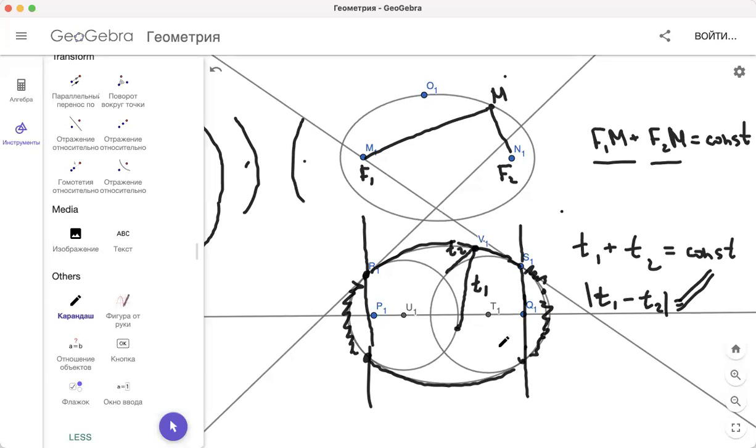And here you have both situations, sum and modulus of difference.